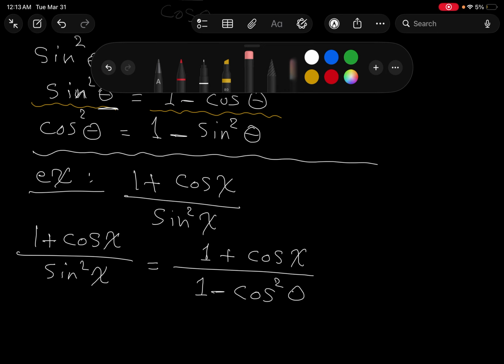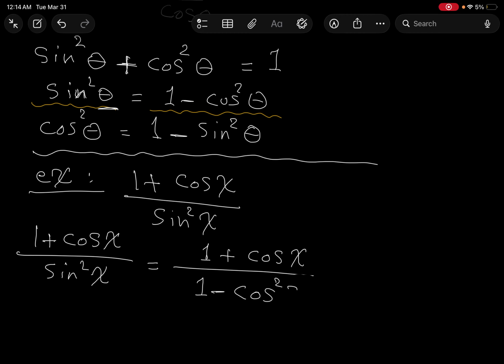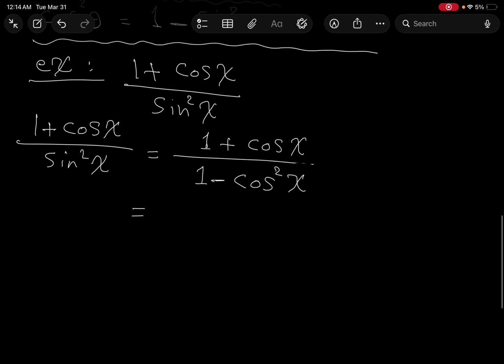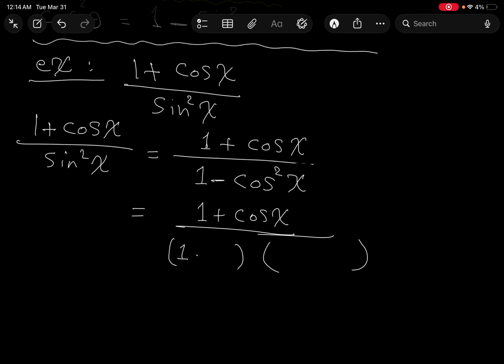Let me use the rubber to cancel it. So this equals 1 minus cosine squared x. So we have 1 plus cosine x over that. Then you should use the difference between two squares: 1 minus cosine x times 1 plus cosine x.